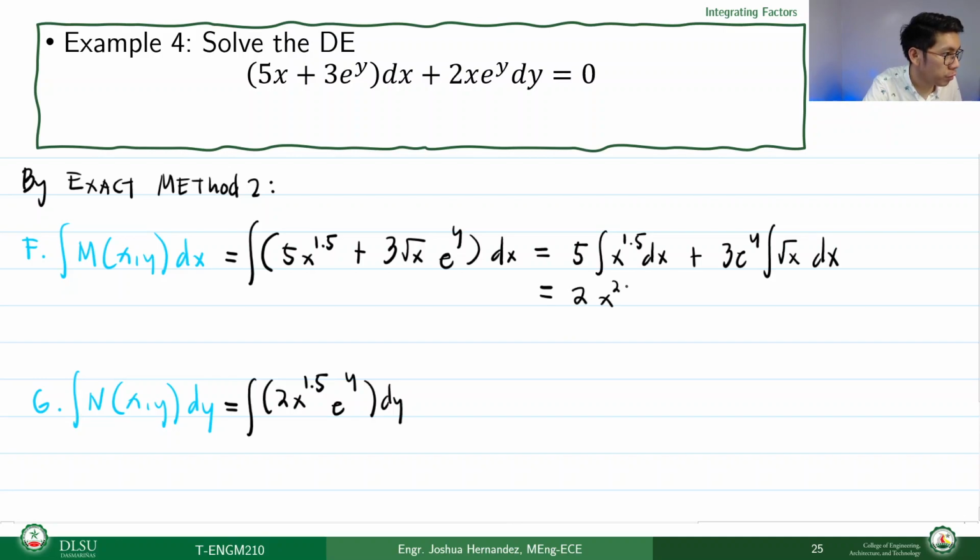Simplifying further, we get 2x raised to 2.5 plus, since 0.5 plus 1 is 1.5, 3 divided by 1.5 is 2, so 2x raised to 1.5 e to the y.